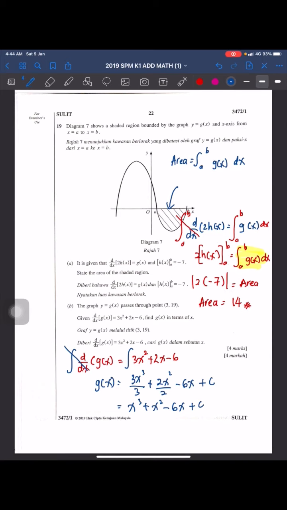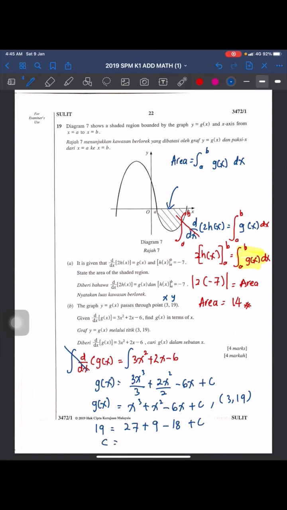Now how do we get the value of c? From the question, it passes through point (3, 19). So I know that this is x, this is y. So we substitute into the equation. We know that it passes through (3, 19), so 19 equals 3 cubed is 27 plus 3 squared is 9 minus 6 times 3 is 18 plus c.